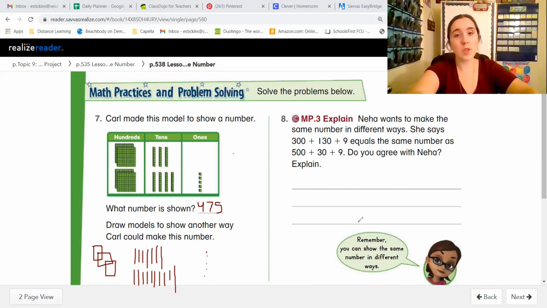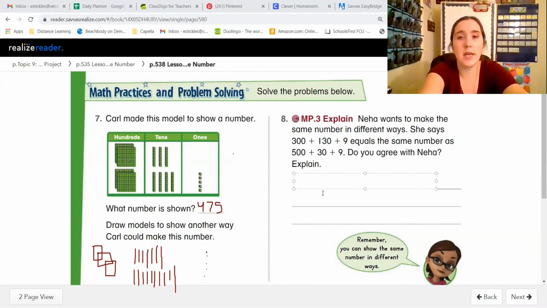Okay, so let's see. 300 plus 130 plus 9. Well, 300 plus 100 would be 400, plus 30 would be 430, plus 9 would be 439. So I'm going to say 300 plus 130 plus 9 equals 439.